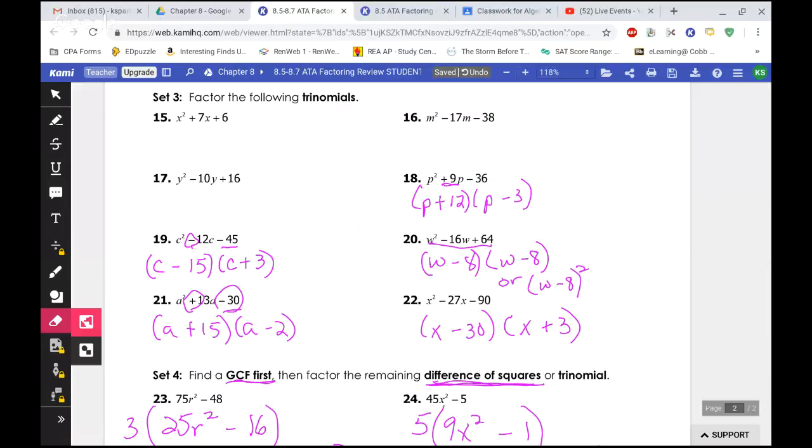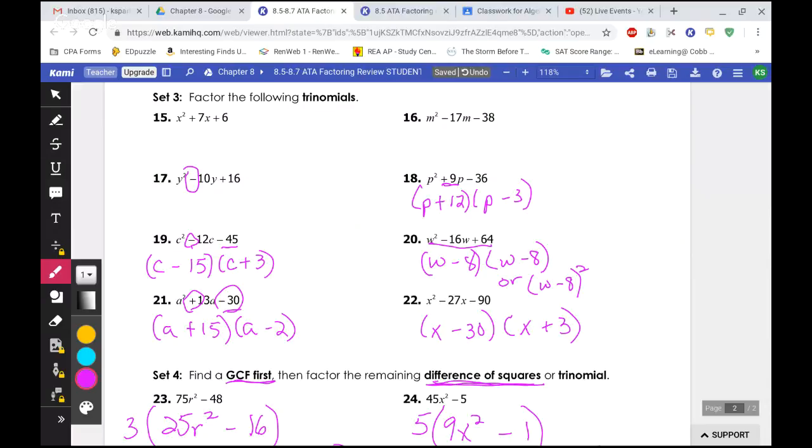Number 17. Positive 16 and a negative 10. Well, it takes two negatives to make a positive and to combine them and get a negative. So I know both of these factors of 16 are going to be negative.